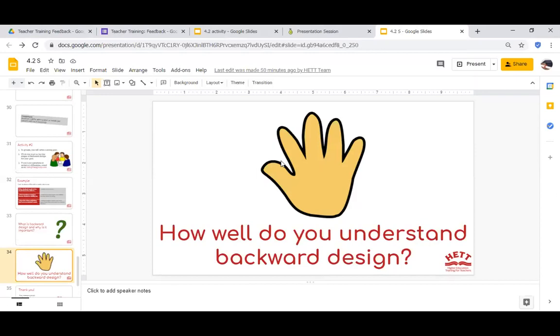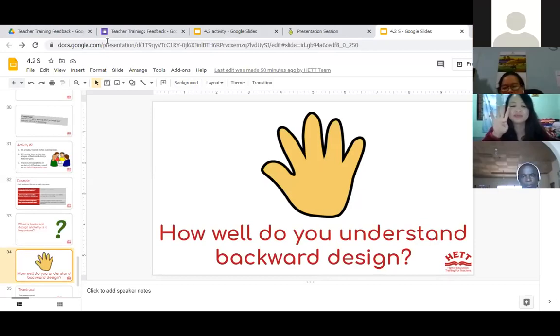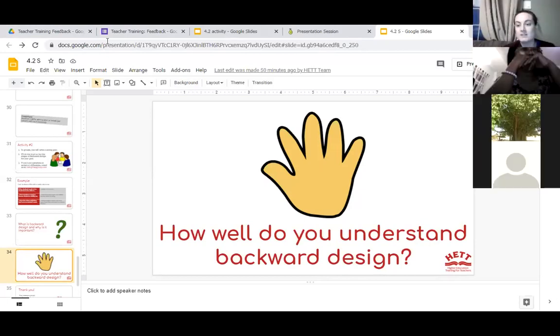So people are starting to get it. We're going to continue looking at it in more detail in the next couple of weeks. So this unit, we're going to be looking at backwards design goals and how you can create backwards design goals.